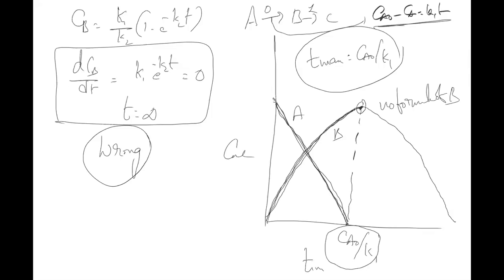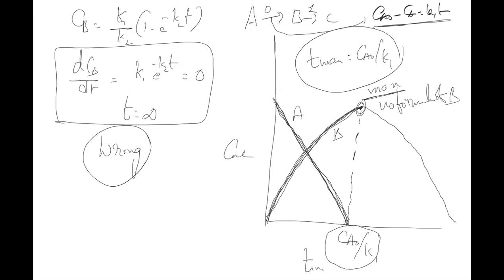Clear? So A is decreasing like this. Now B increases because A is decreasing, which means B is forming, no? At one point of time, B will reach a maximum. Then B decreases, something like this.